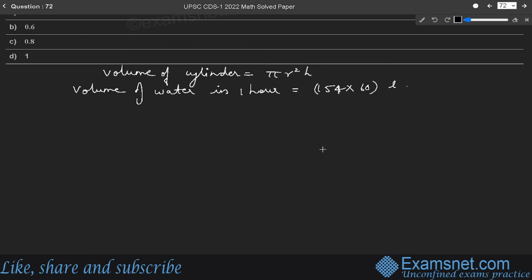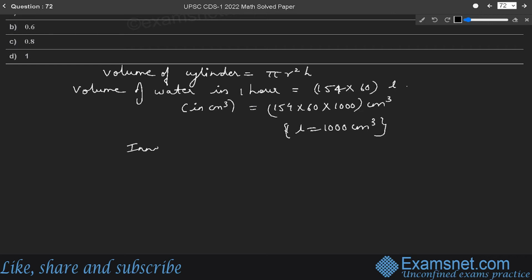So volume in centimeter cube, it will be equal to 154 into 60 into 1000 centimeter cube. Since we know that 1 liter is equal to 1000 centimeter cube. Now the inner radius of the pipe is 14 by 2. Inner radius will be 14 by 2, which will be 7 centimeter.